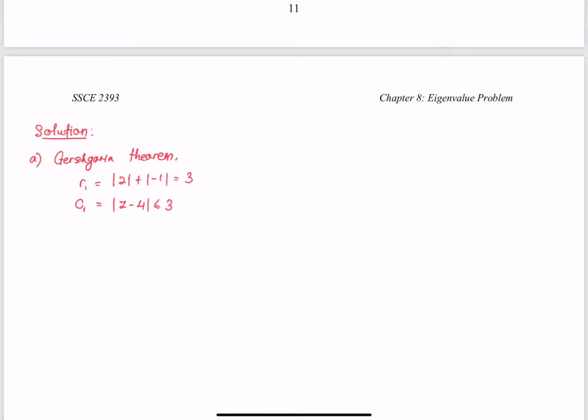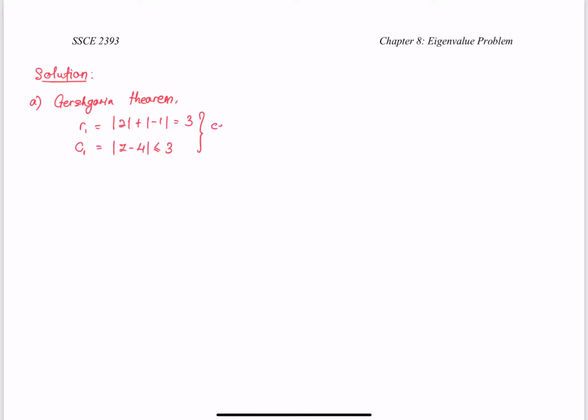From here, our center is 4 while the radius is 3.